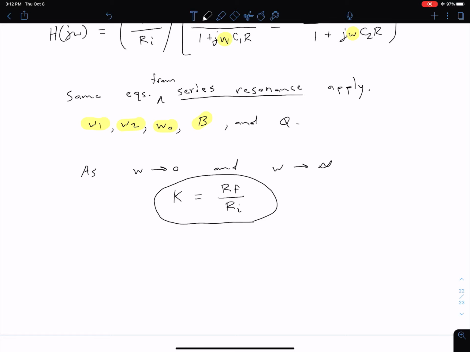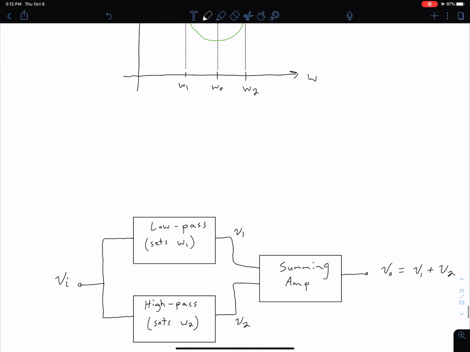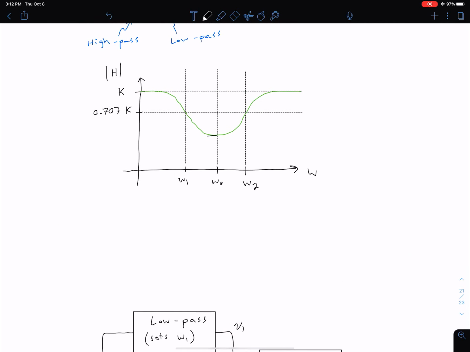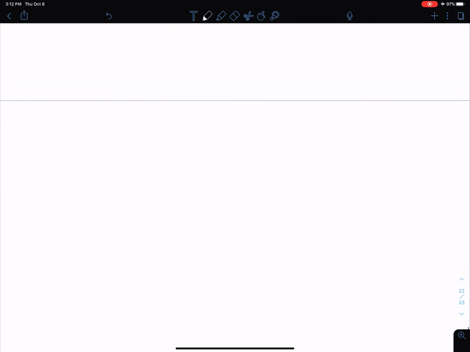Again, this is for this particular configuration. We could also find the gain at this center frequency, at this level here. We're not going to go through that, but what we could do is find the magnitude of H at j omega naught, keeping in mind that omega naught is the square root of omega 1 omega 2.